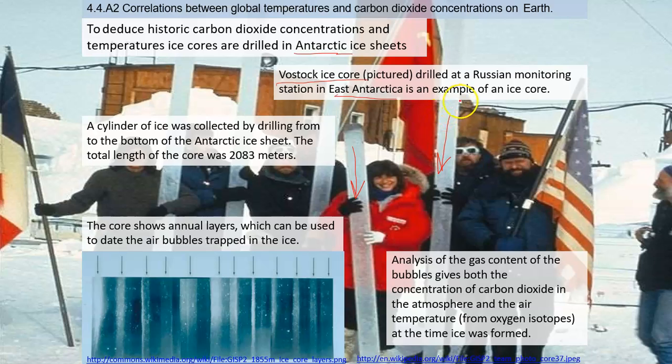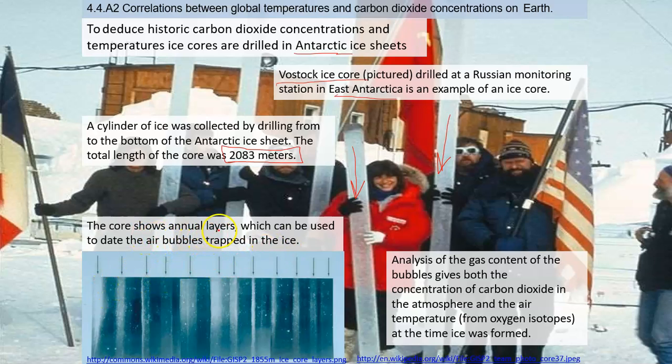This is an example of an ice core. This is a cylinder of ice collected by drilling from the bottom of the Antarctic ice sheets, with a total length of 2083 meters. And this is the data collected from each ice core, showing the different layers.